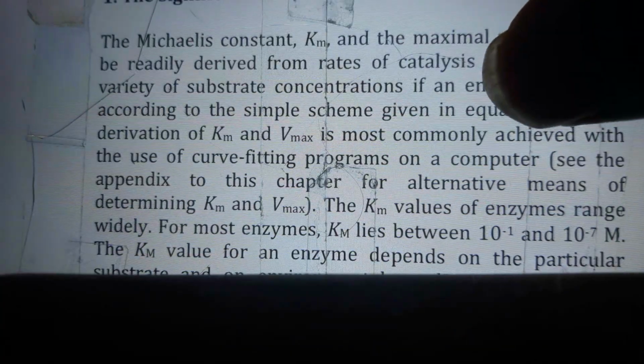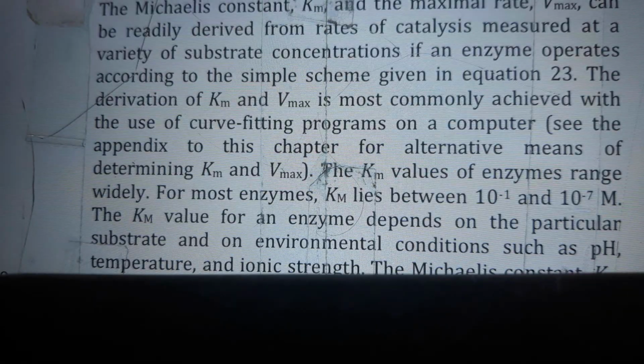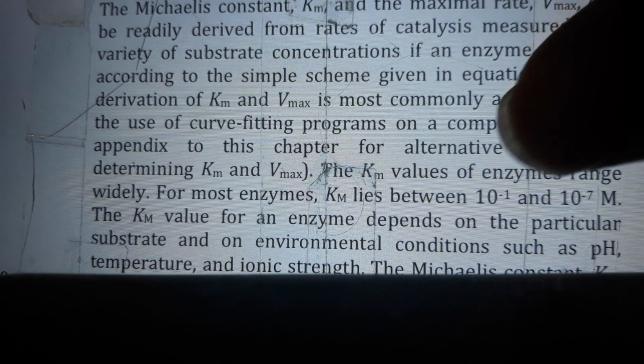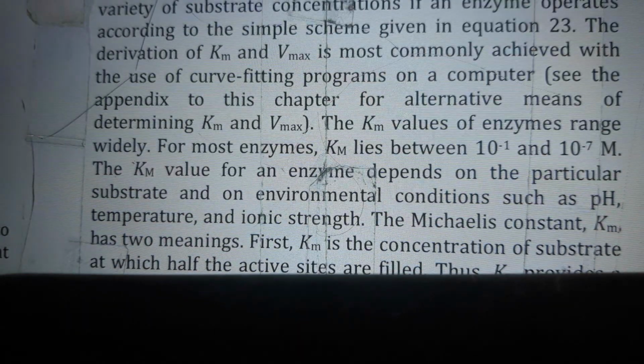Significance of Km and Vmax values. The Michaelis constant Km and the maximal rate Vmax can be readily derived from rates of catalysis measured at a variety of substrate concentrations.